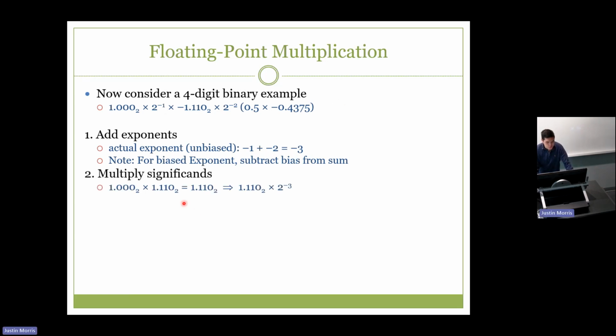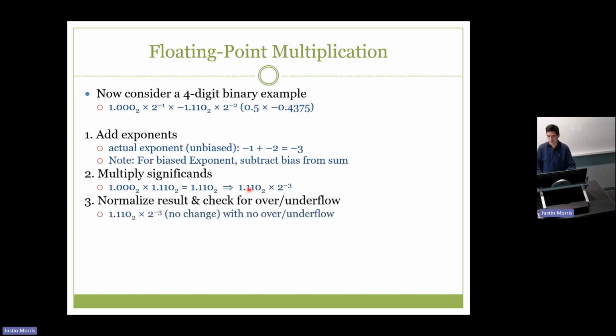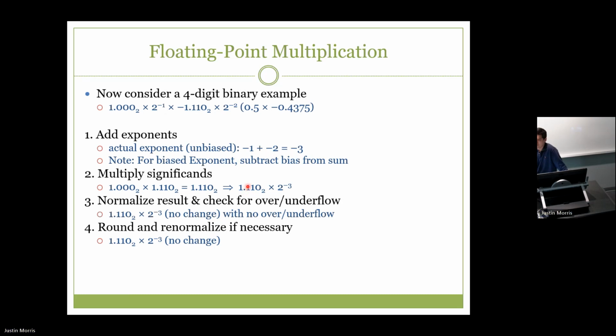And then we multiply the significands. And if we multiply these out, we just get 1.11, right? Because this is just 1, right? And then we have this as our result. Nothing to normalize, right? And then we multiply the exact same way. You just have to deal with the decimal, and the way you deal with the decimal is the exact same way as you do decimal.